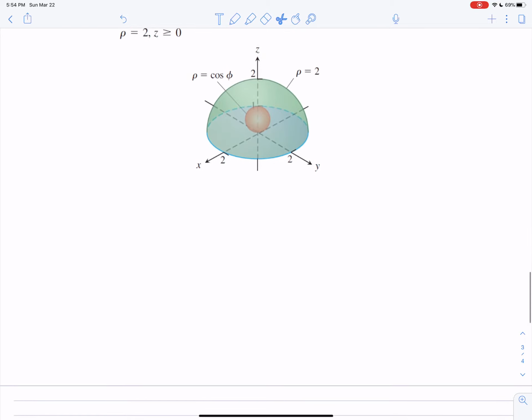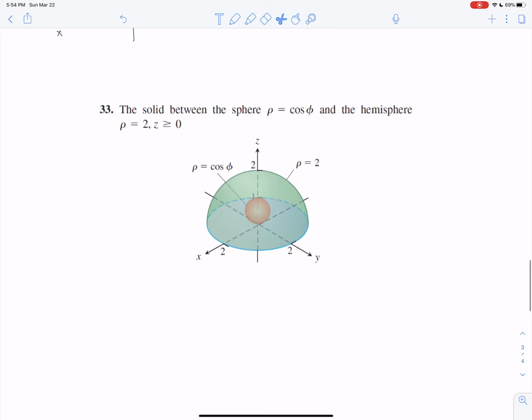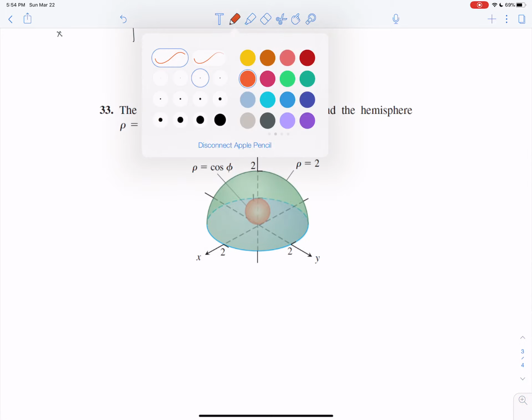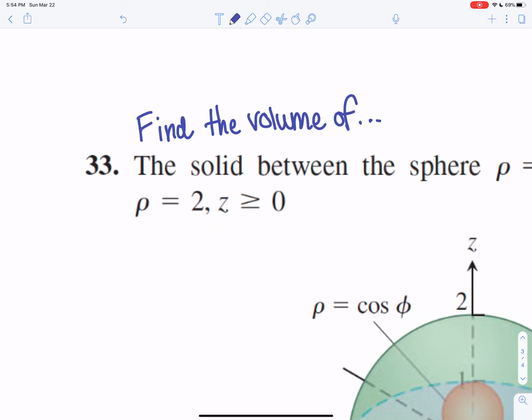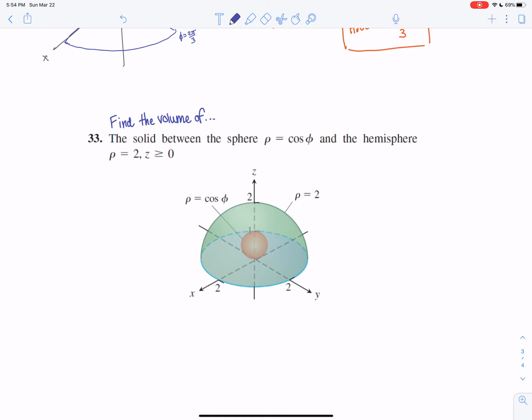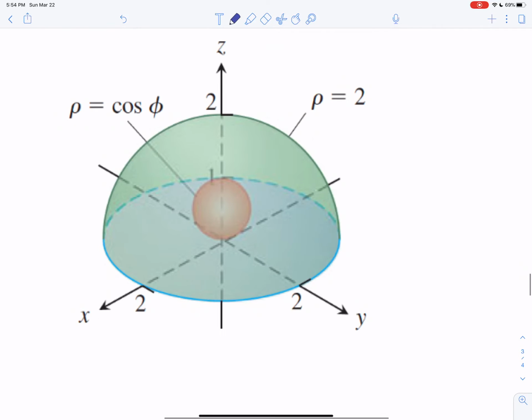Number 33. Whoop, too far. So this one is asking, it's missing the question again, but I'll just add it. So find the volume of the solid between the sphere rho equals cosine phi, which is this sphere right here.